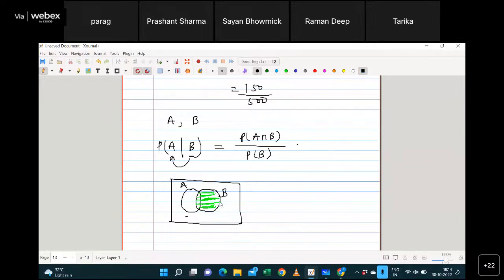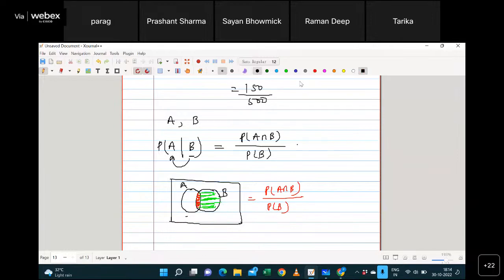Then the probability of occurrence of A when B has occurred is this red region. The red region is A intersection B, and the green region is probability of B. That's it.